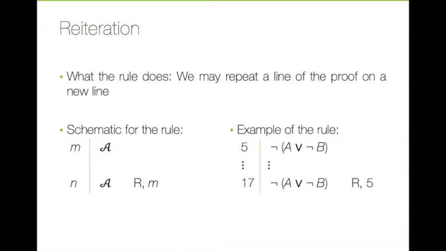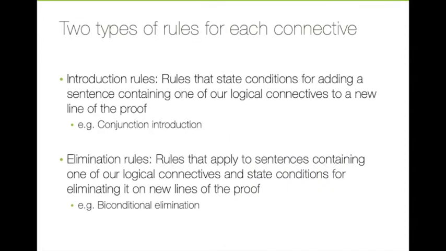You'll see this basic structure, numbered lines, metalinguistic variables that characterize the rule, and the structure of the needed justification. That will be the case for all the rules we're going to look at in this video. Now, reiteration can apply to any sentence, no matter what logical connective it involves.